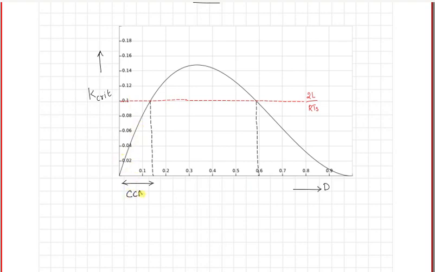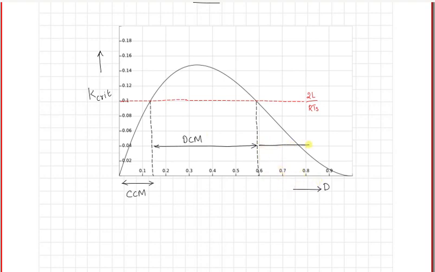So here you have CCM, and then there you have k critical is higher, or 2L by RTS is smaller for your converter, which means that you will have DCM operation. And again, as the duty ratio increases, right?